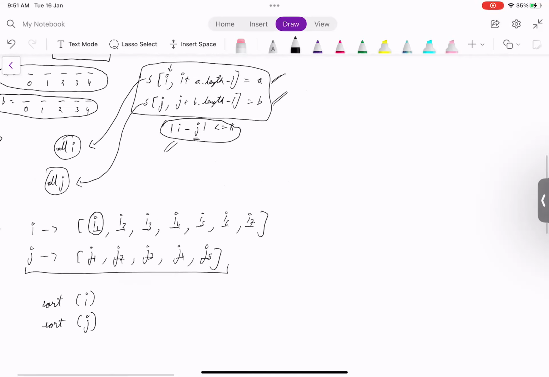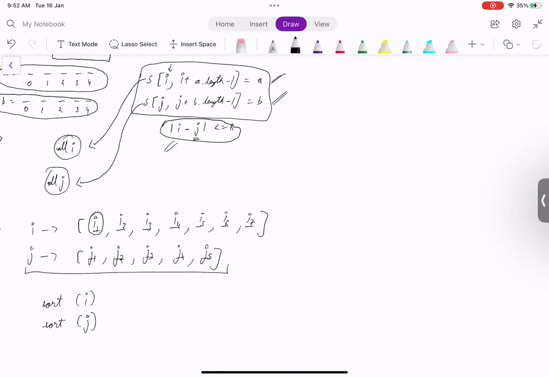Basically, we are looking for the closest value of J which is as close to I1 as possible. And to find the closest value of J which is as close to I1 as possible, we will be finding either a value exactly equal to I1, or an element which is the floor of I1 or the ceil of I1. These are the only three values which will be as close to I1 as possible.